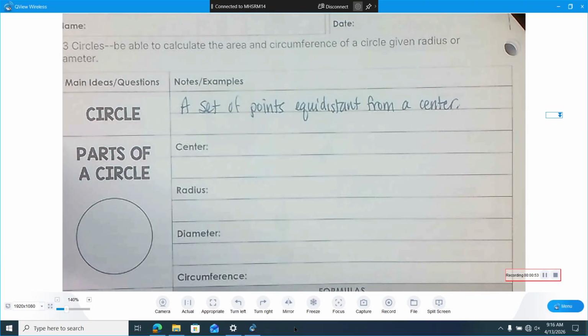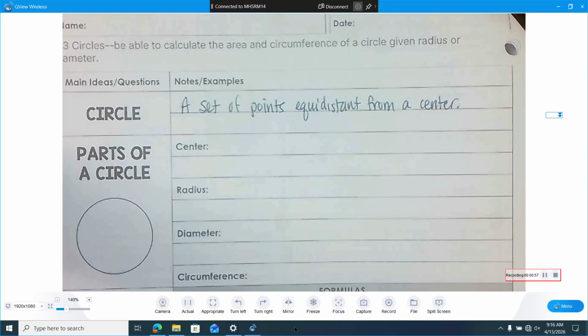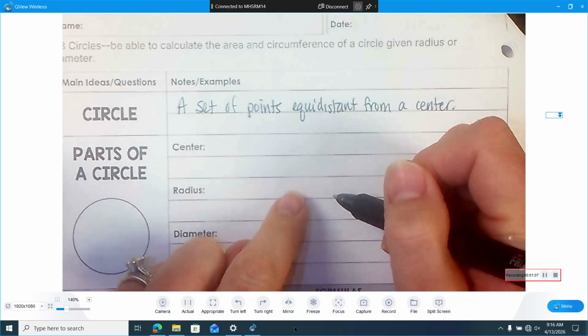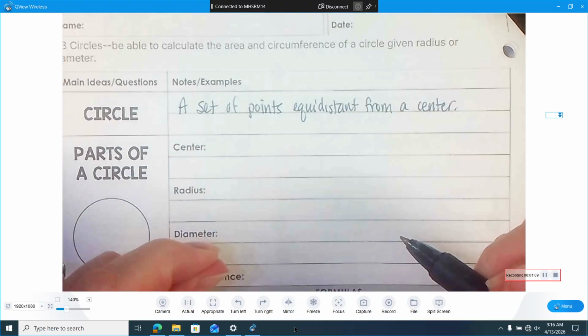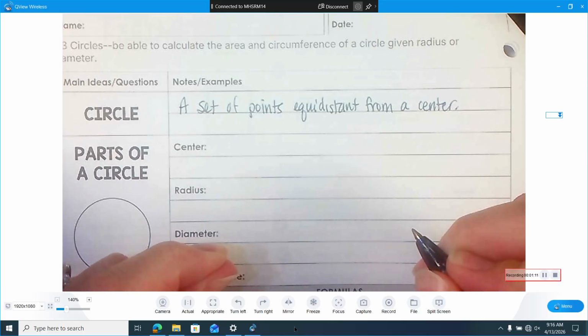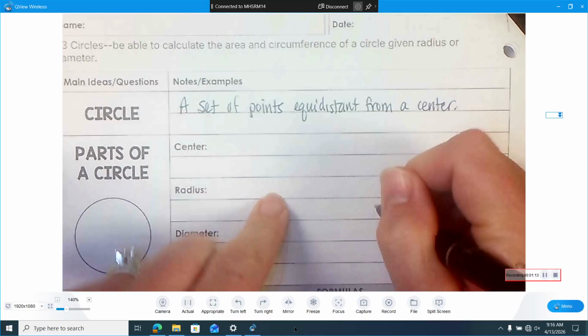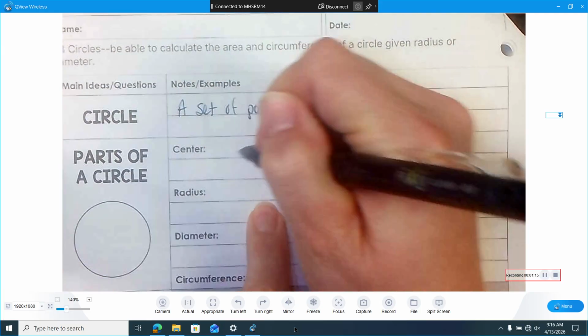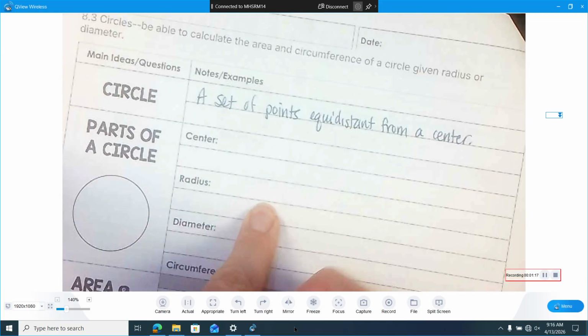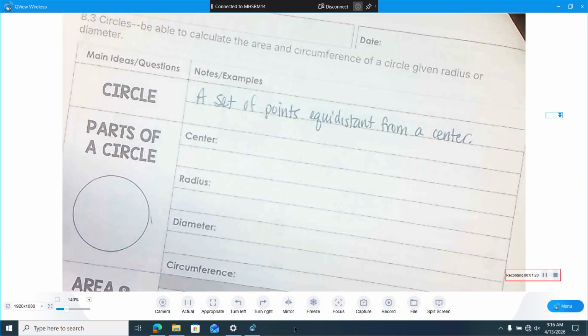I don't know if you guys have ever made a circle, but you can make a circle pretty easily using a string. You take your little string, and it's a certain distance from the end of my pin here. You fix your string and then extend your circle around that center point.